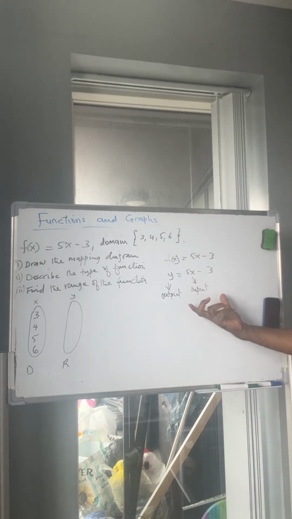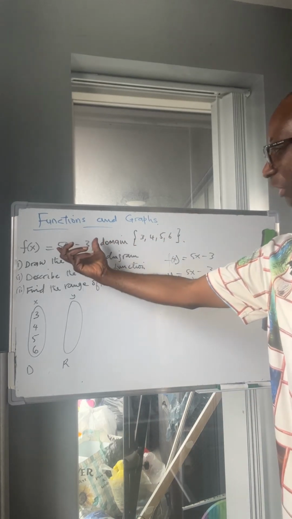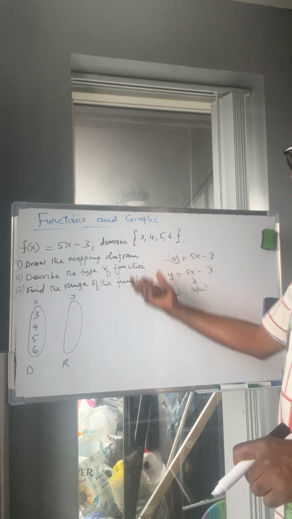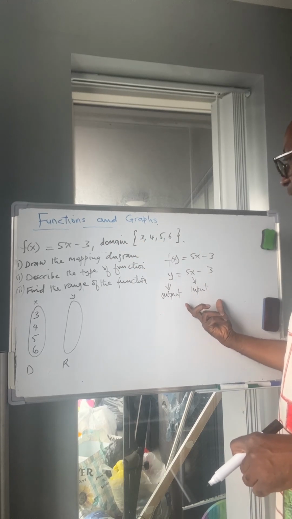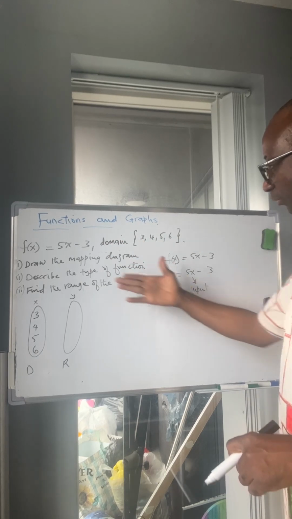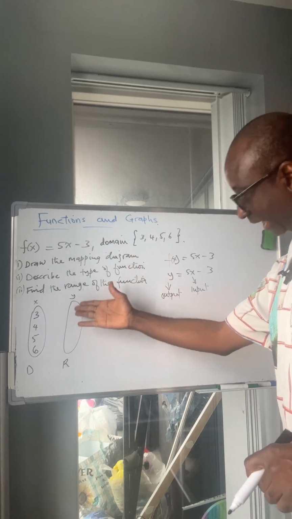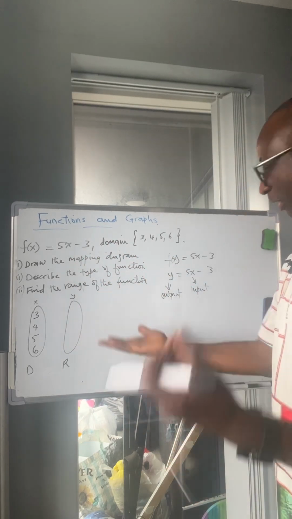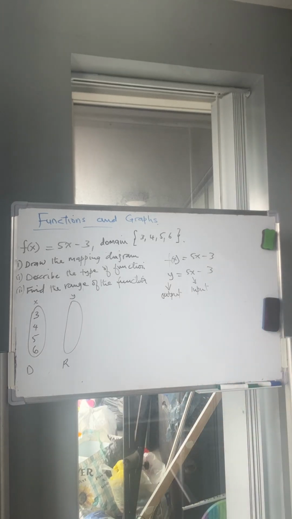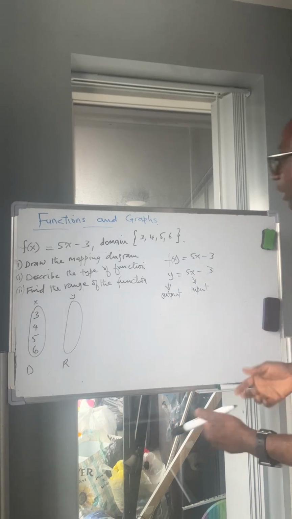In this question you are given the input, and we are asked to calculate the output. You have to calculate the output before you are able to draw the mapping correctly. We have to find the elements before you can show the mapping.